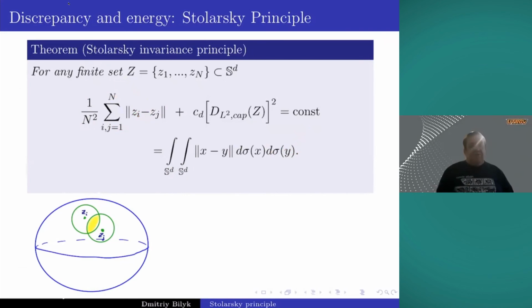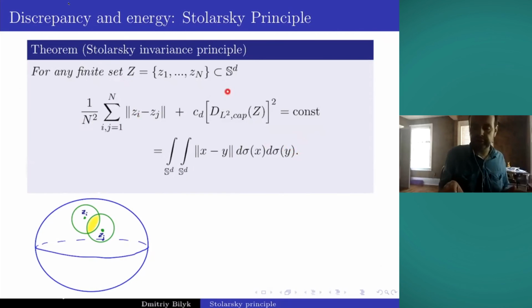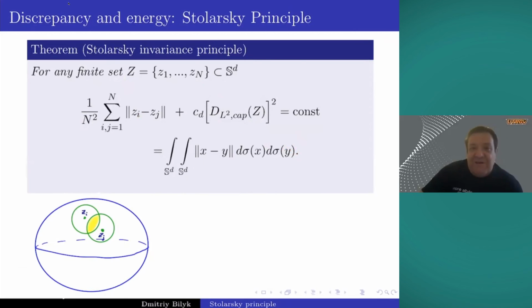So you assume the discrepancy asymptotically goes to 0 for uniformly distributed points? This works for any set. By definition, the discrepancy goes to 0.